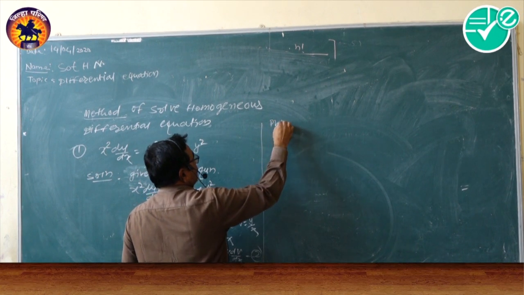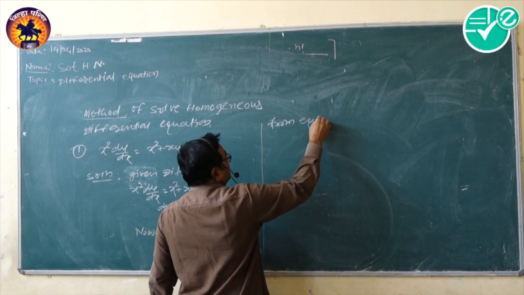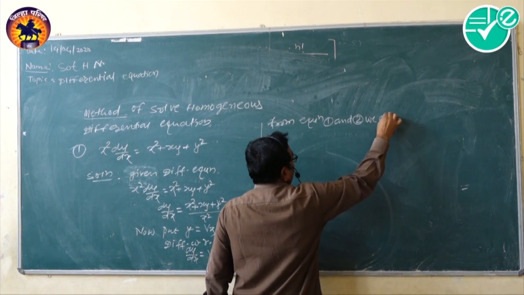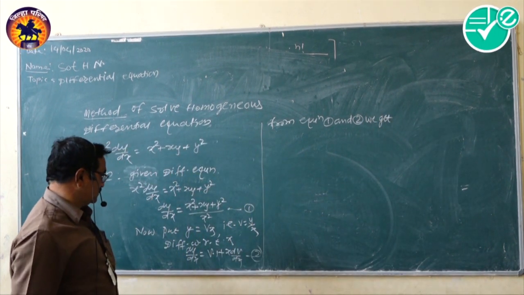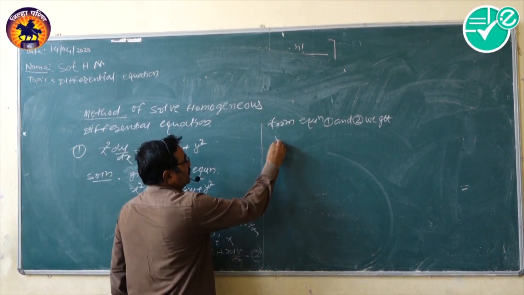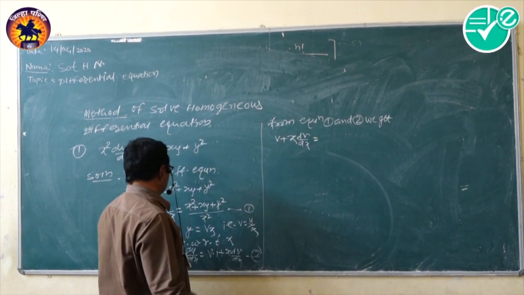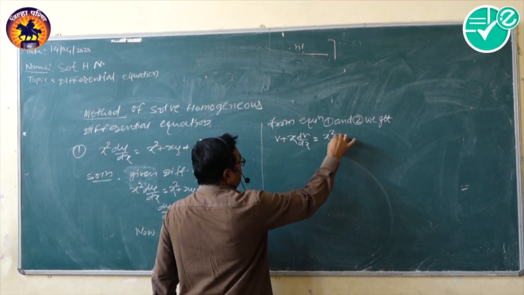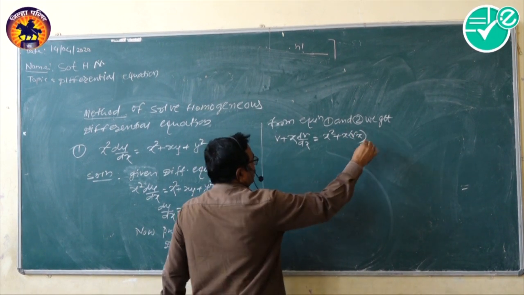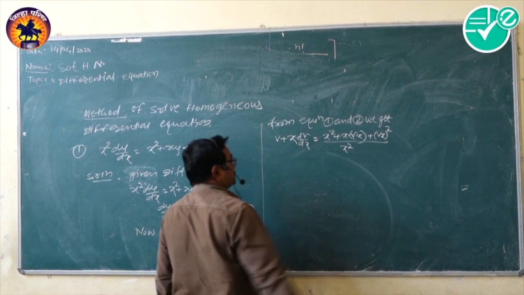From equations 1 and 2 we get: replace dy/dx by v + x dv/dx, which equals (x² + x·vx + v²x²)/x².